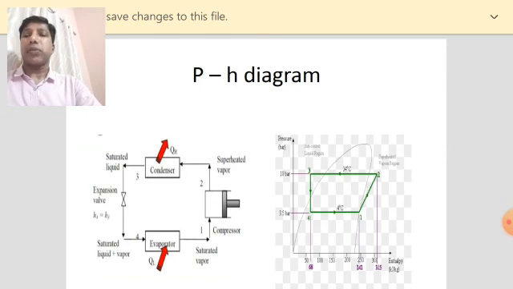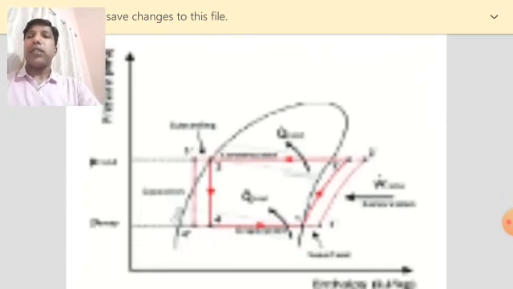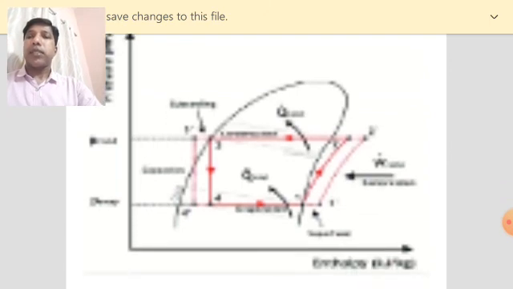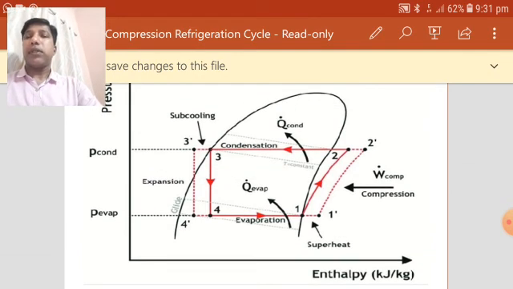Now in this diagram you can see this is also a pH diagram, but the condition is different, the suction condition. So if suction is saturated vapor, you can see 1-2 will be the compression in the pH diagram. But if suction itself is superheated, you can see 1-2 will be the compression.